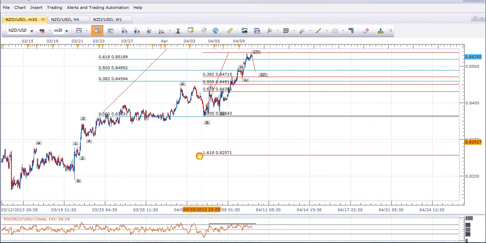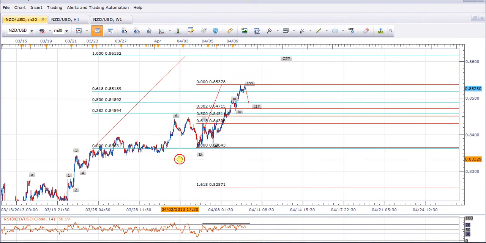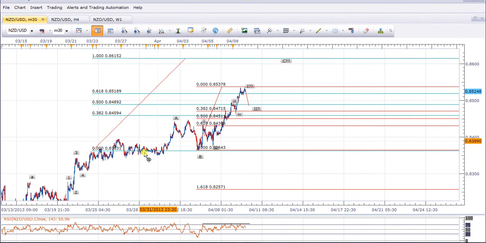We see that B wave, and the fib lines that I have drawn here are the whole distance of wave A. So we're expecting wave C to be at least 61% or 100% of wave A. We already saw that it passed through the 61.8 level, so now our next target is the 100% mark.